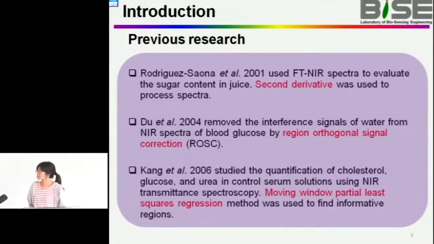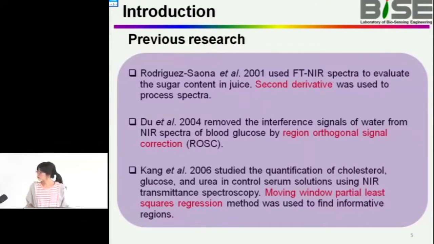In previous research, they usually used mathematical methods to remove the water interference. For example, the second derivative method was used to process spectra of juice, and the region or signal correction method was used to remove the interference signal of water from NIR spectra of blood glucose.